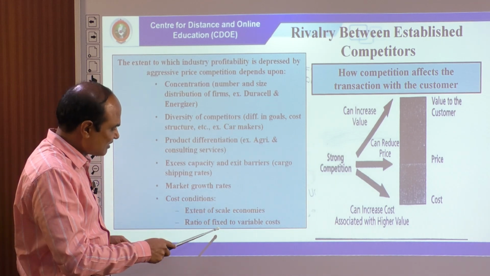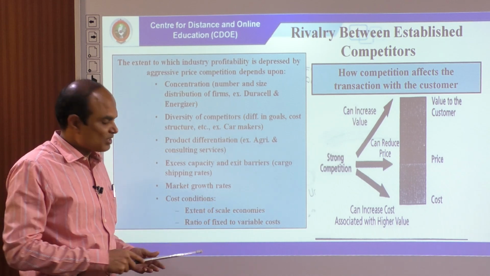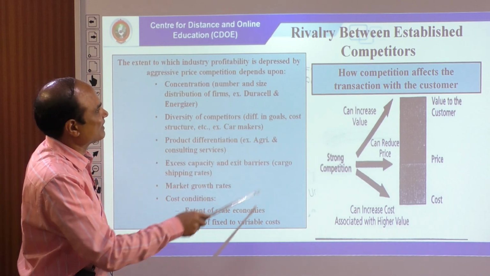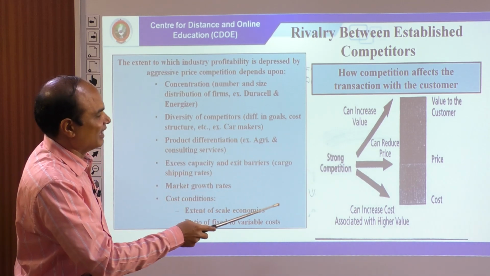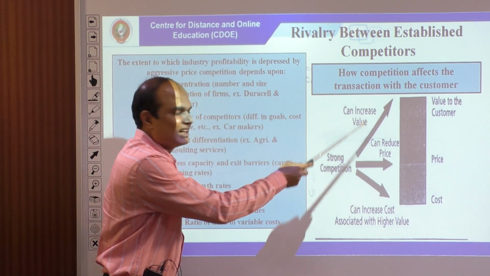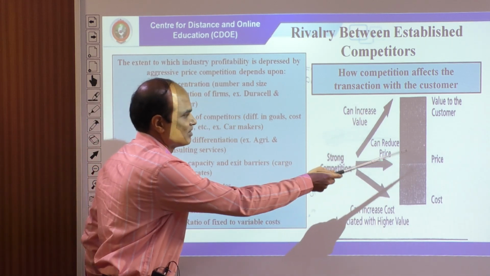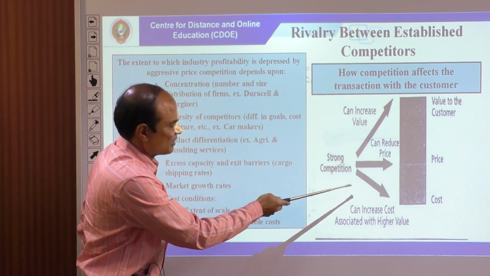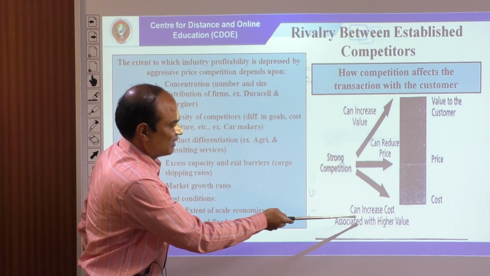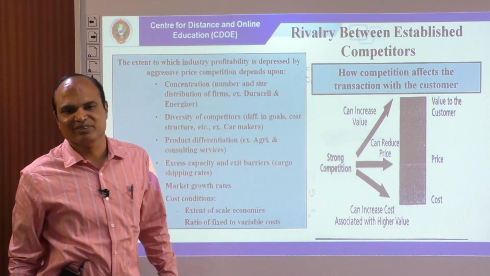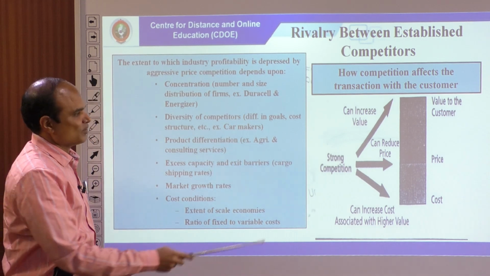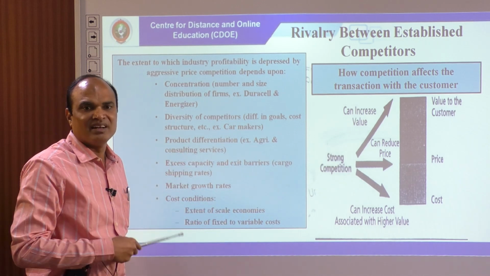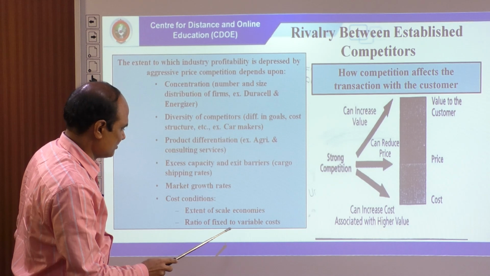If they have a low fixed cost and high variable cost, then they can play the way they want. This affects the competition, and could lead either to an increase in value to the customer by focusing on increased price, or to a reduced price, and can increase costs associated with higher value. So if they have strong competition, it all depends on the various factors pertaining to it.